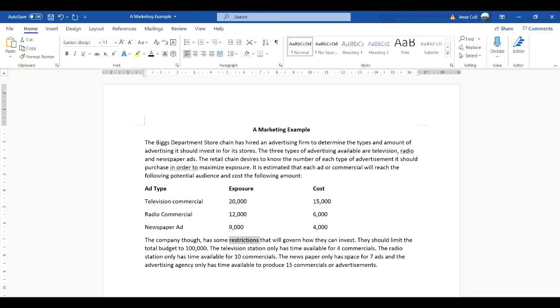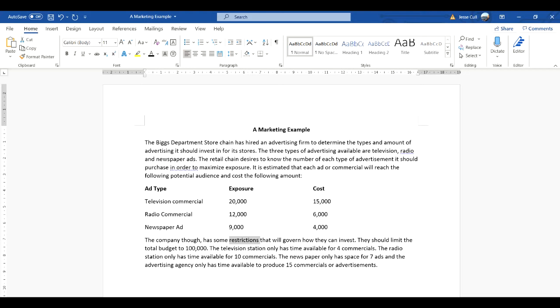Once again, we see the versatility of linear programming. If we're able to put things in the correct format, linear programming allows us to solve these problems relatively easily once we've gotten them in that format and entered the data correctly. So let's begin.